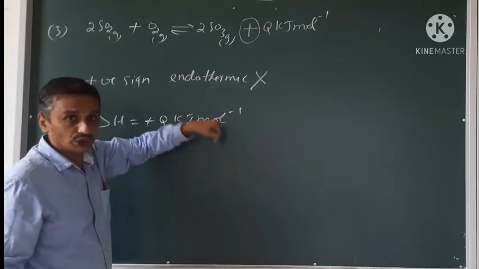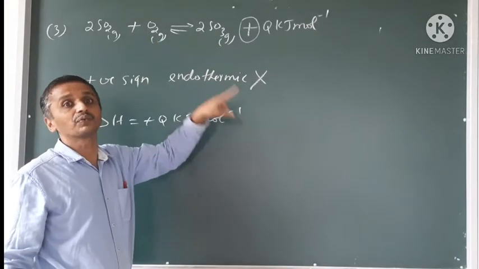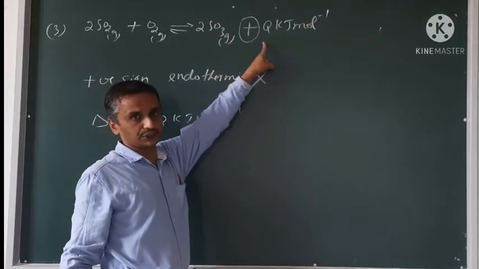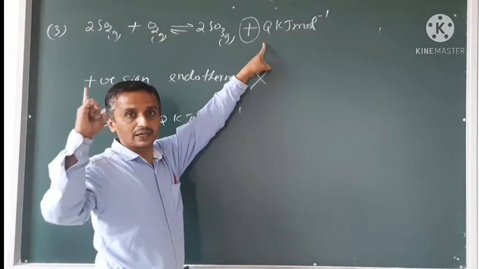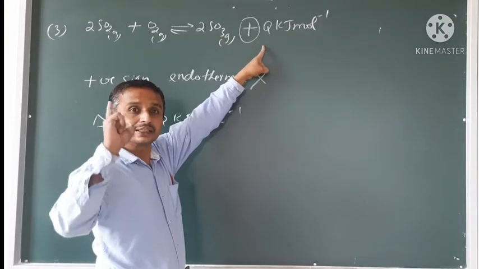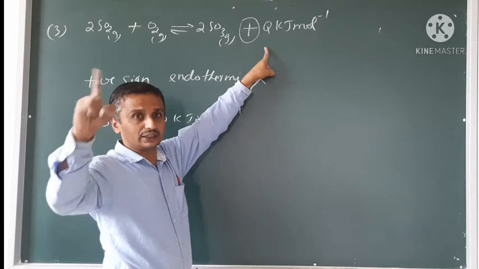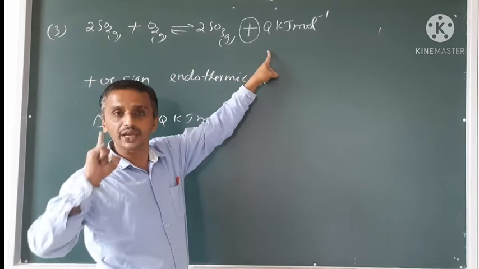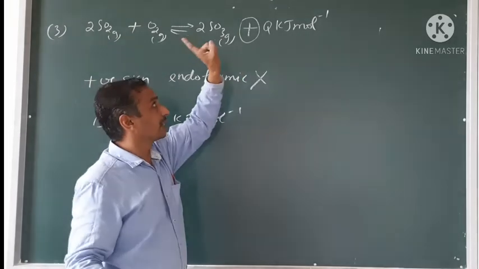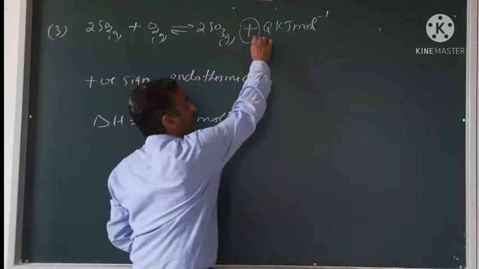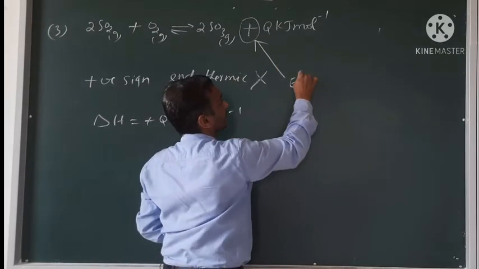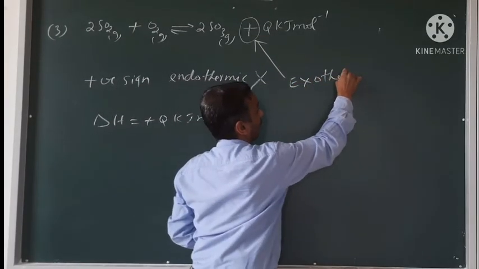I wrote the heat content of the system along the reaction. And remember, enthalpy is written along the reaction, not the change in enthalpy delta H. Then the positive sign indicates that it is an exothermic reaction only.